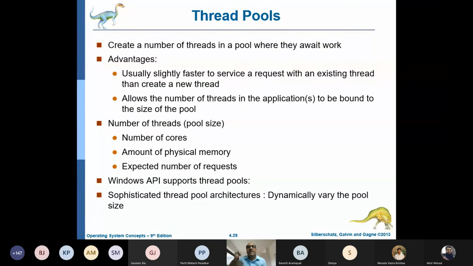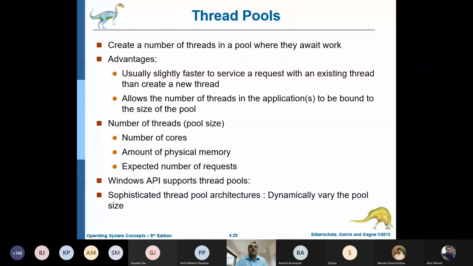The creation of a thread takes a reasonable amount of time. Then the thread takes care of the request and is terminated, and when a new request arrives you have to create a thread again. So for certain applications with a lot of requests, frequent creation of threads is required.